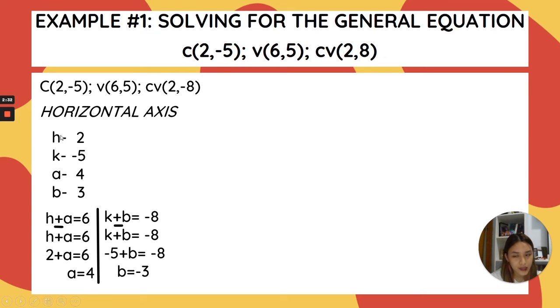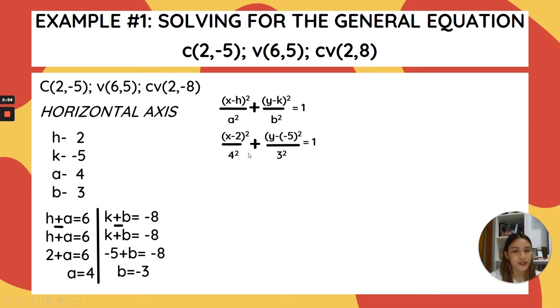Since we now have completed the values of h, k, a, and b, we now solve for the standard equation. This is our standard equation formula: x minus h quantity squared over a squared plus the quantity y minus k quantity squared over b squared equals 1. Now we need to simplify. It turns like this: x minus 2 quantity squared over 4 squared plus the quantity y minus negative 5 quantity squared over 3 squared equals 1.